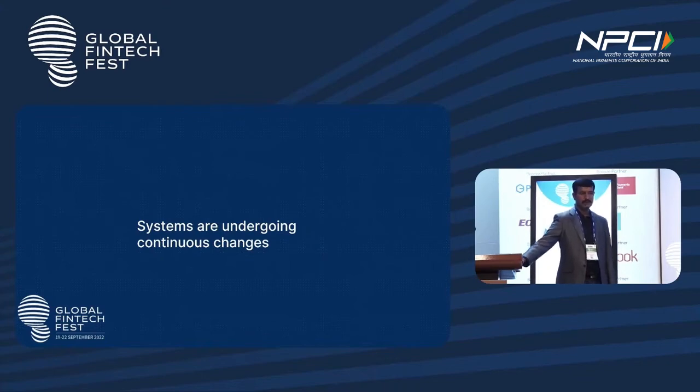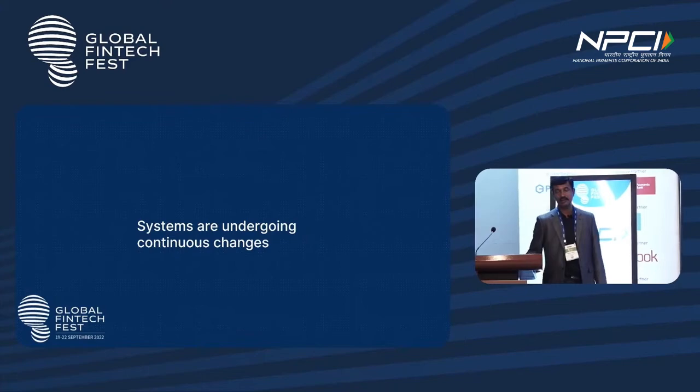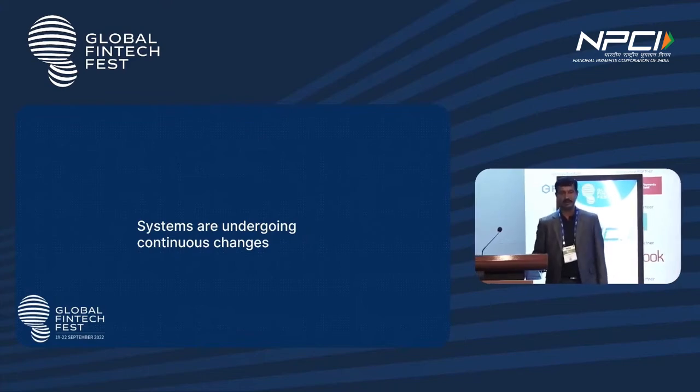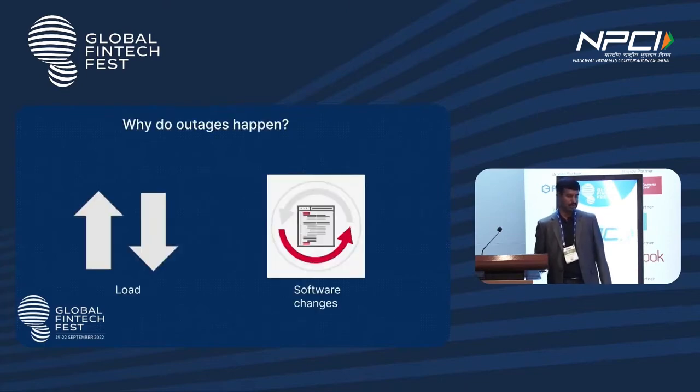But there are continuous factors that change all the time. You cannot really do real testing in your prod. You can only do pre-prod, stage, or dev environments. But in the production environment, there are continuous changes happening. So what are some of those changes?